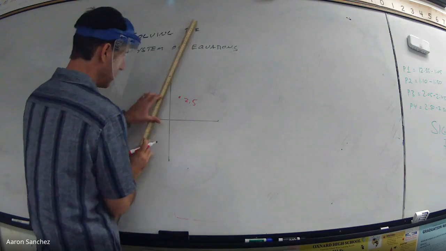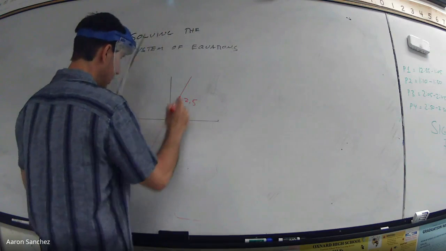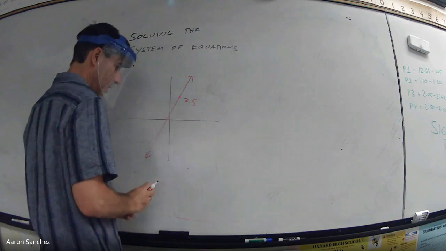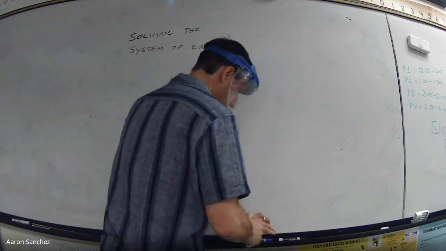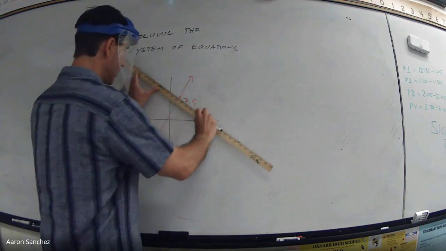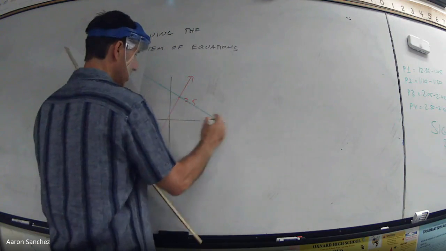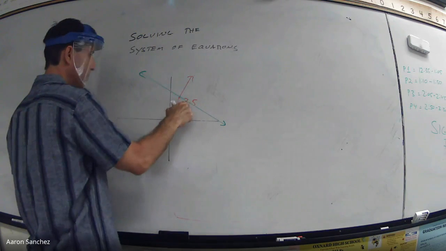That means at point 2, 5, this red line intersects with the green line. They both intersect there at 2, 5.